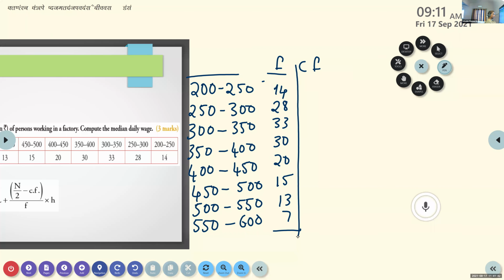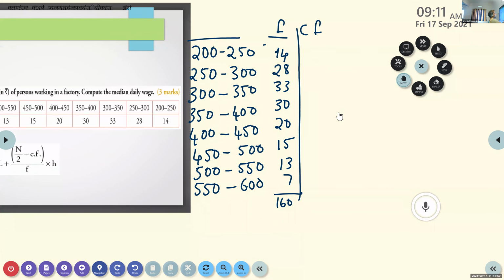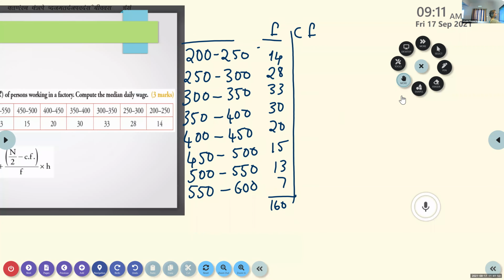Anyone? 160. So N by 2. What is N by 2? It's equal to 160 by 2, equal to 80.